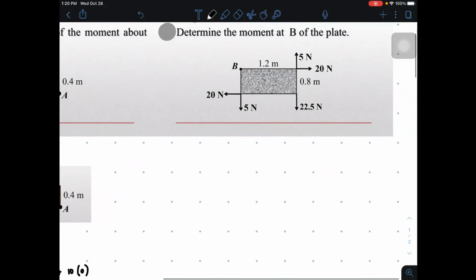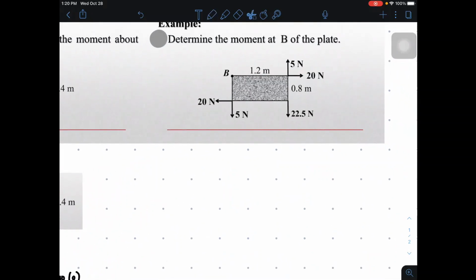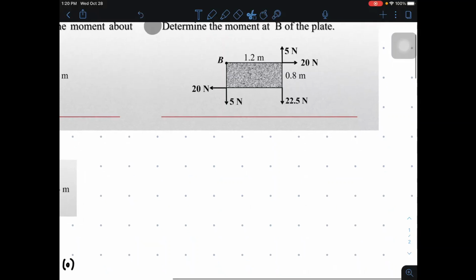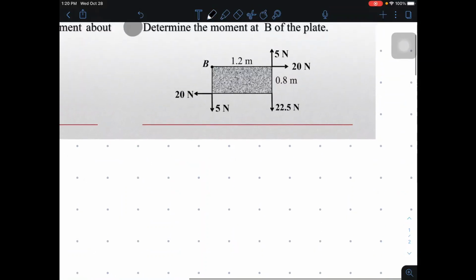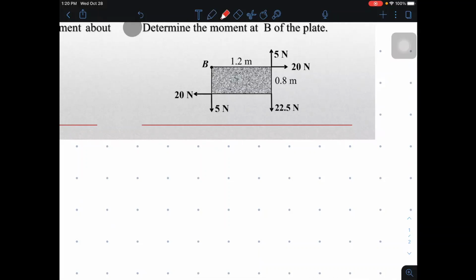Okay, how about this second figure? For this second figure, we're tasked to solve for the moment at point B. So this is our point B, and we're going to rotate all the forces about point B. So let's investigate first the forces.